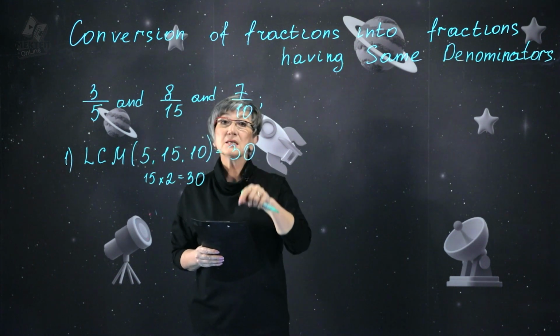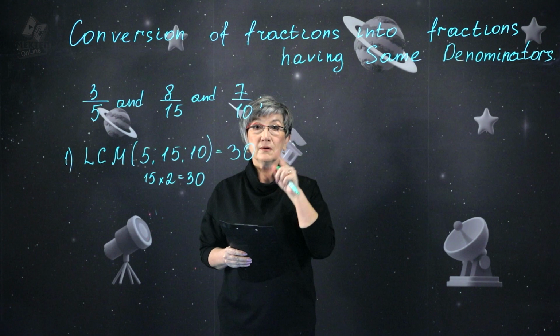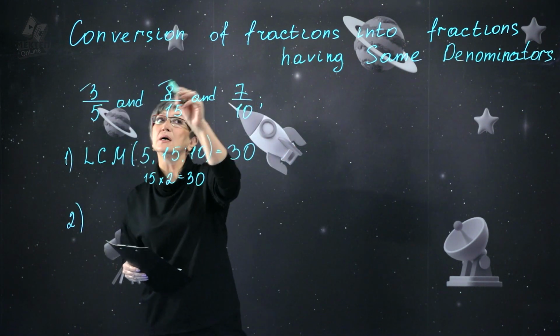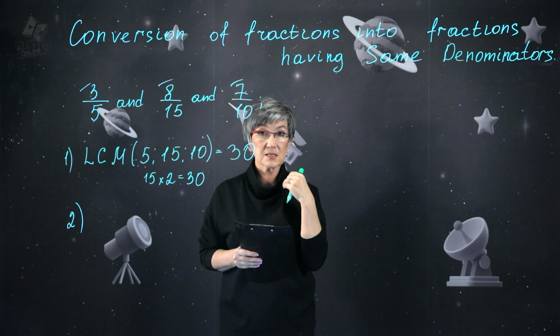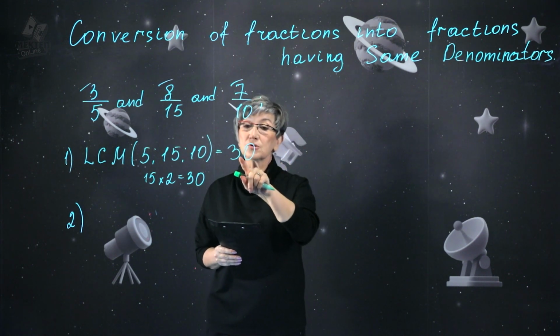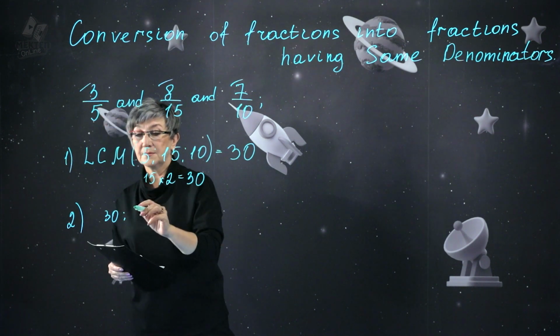Therefore, we will use 30 as our common denominator for all the fractions in the problem. Second, what do I need to do? I need to write down the additional factors, a little hint regarding what I have to multiply the numerator and denominator by. How do I do this? I divide 30 by 5.